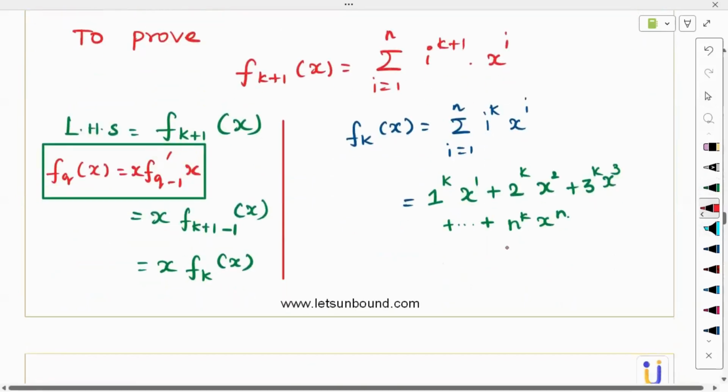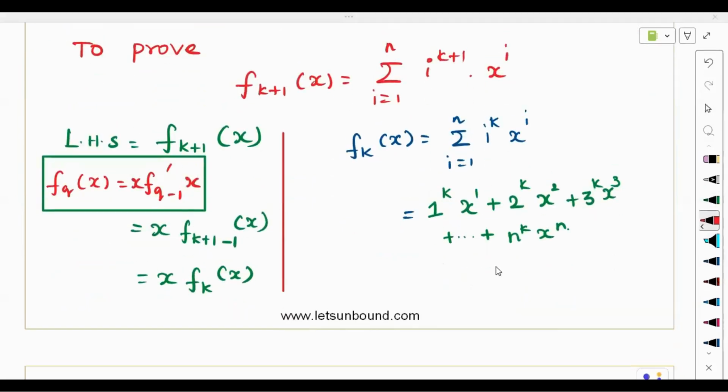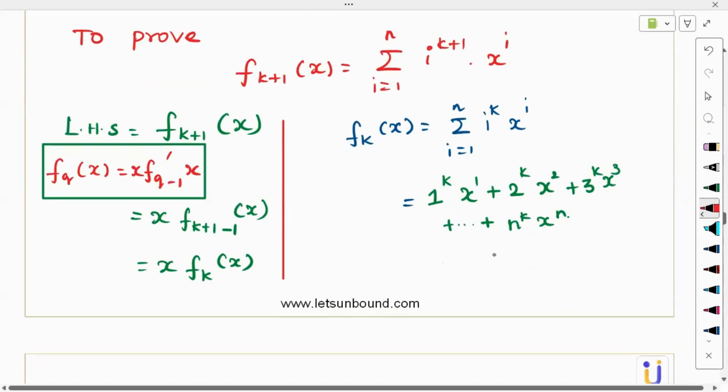Right. And we are going to do, okay, here the dash will come. So I want fk dash of x. Let's differentiate. 1 power k is a constant, and x when you differentiate is 1. Plus 2 power k is a constant, and differentiating gives 2x. Then 3 power k is a constant, and x power 3 differentiates to 3x square.